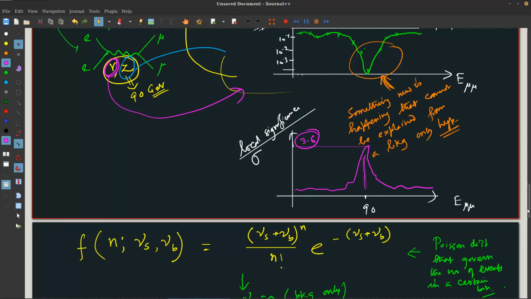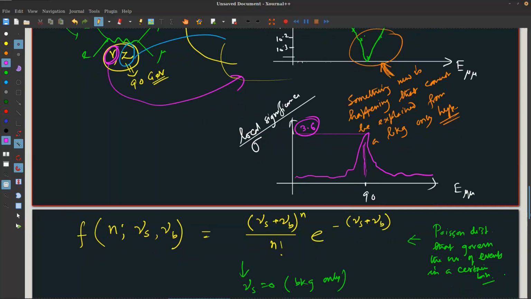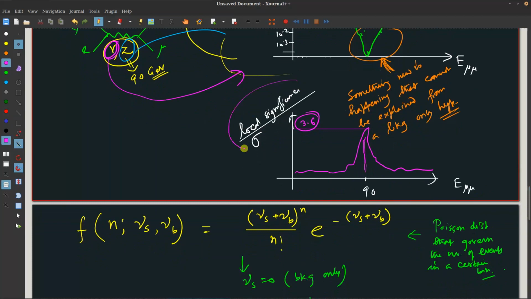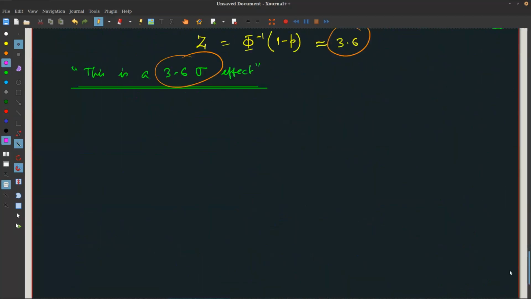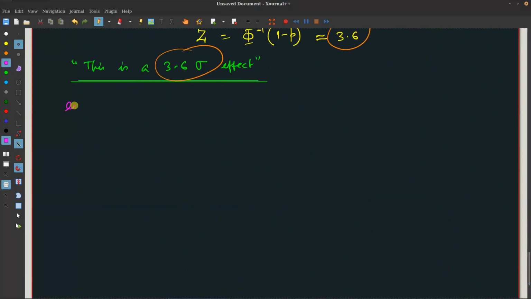Now, I talked about this local significance. By the name, you might notice that there can be something called global significance.